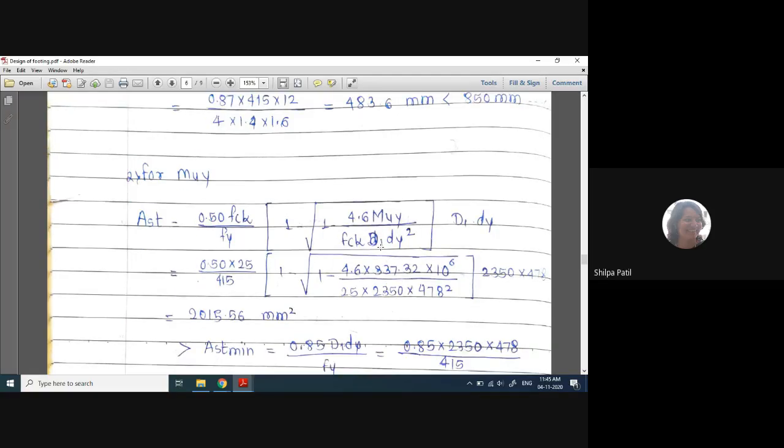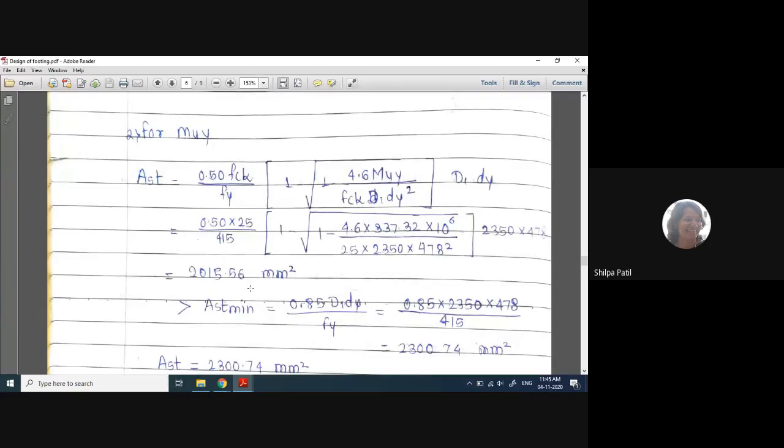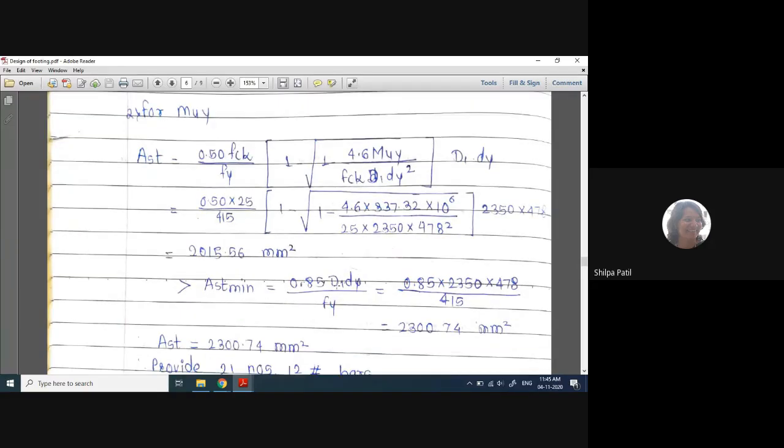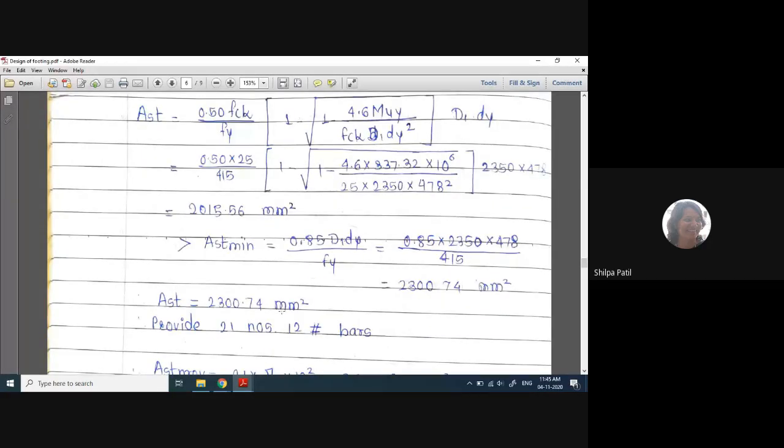For X calculation we have used the BF value. Here we have to use the LF value, length of the footing, and DY, because it is MUY, so the DY value is to be used. So putting all these values, the area is coming as 2015.56. Comparing with the minimum value, here the minimum value is to be considered for LF and DY. This value is coming as 2300 and the AST is coming as 2015. So again we have to provide the minimum value.